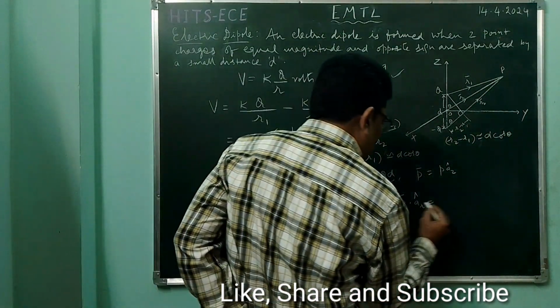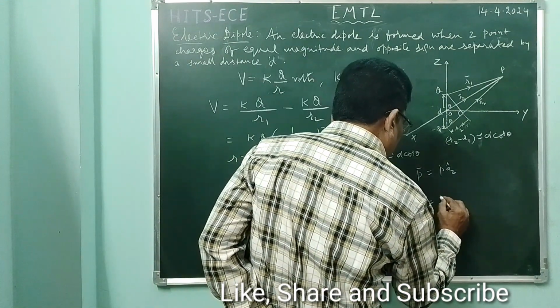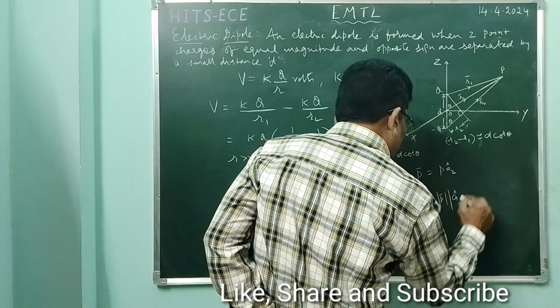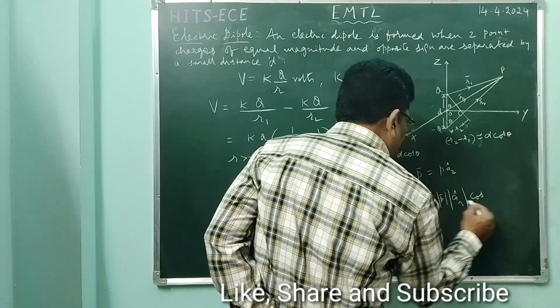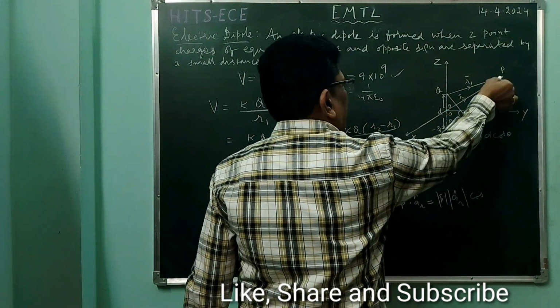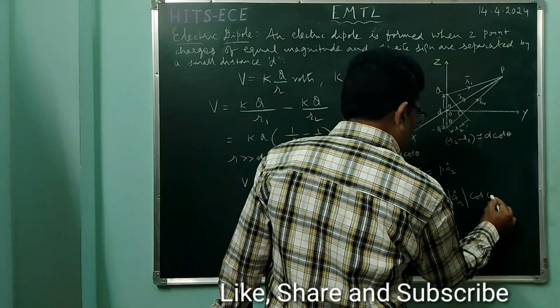Let us do that now. The dot product p dot ar cap is equal to magnitude of p into magnitude of ar cap into cos of the angle between these two. That is the angle between this position vector R and vector p bar, which is theta.